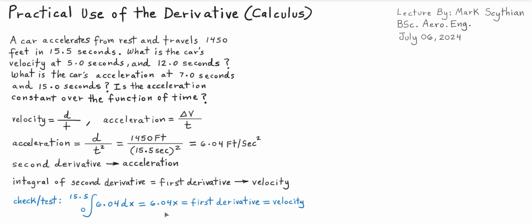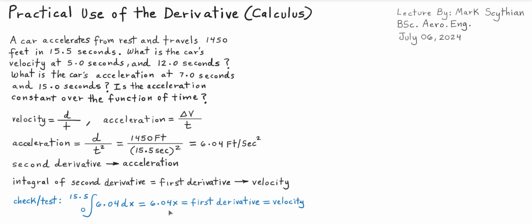So if we use the rules for integration, we raise the value of its exponent taken from a constant into a first derivative rate of change. So this then simply reverses what the derivative of 6.04x would be, a constant of 6.04. So the reversal, or its integral, is 6.04x, then to the first power, then divided by 1.